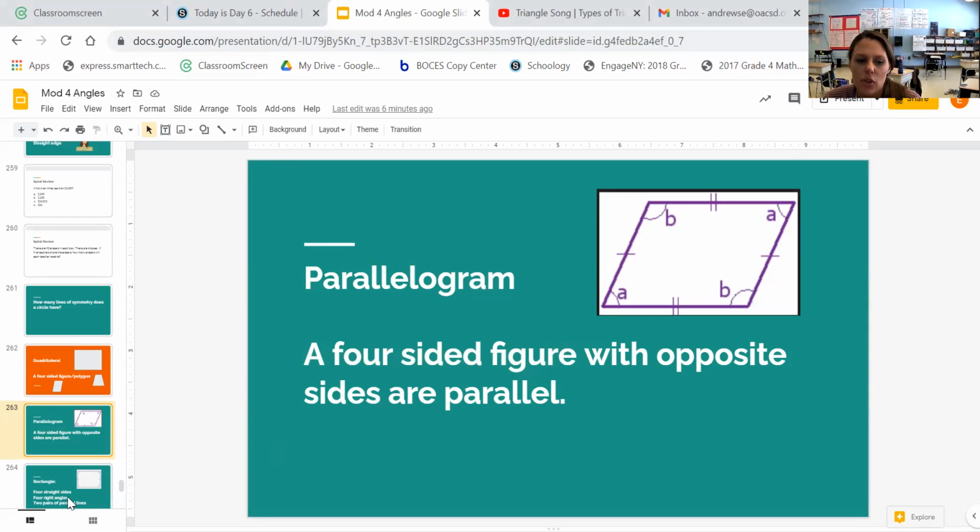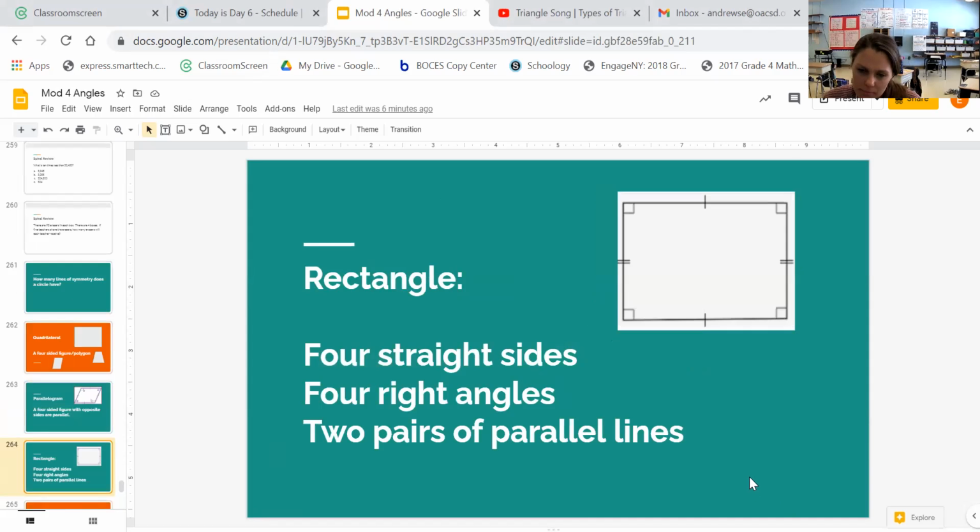Let's go ahead and learn about the rectangle. Again, a rectangle is a polygon. It's a shape. It's also a quadrilateral because it has four sides. It has four straight sides, right? 1, 2, 3, 4. And they have four right angles. If you notice, this line and this line are congruent, and we can identify that using those tick marks.